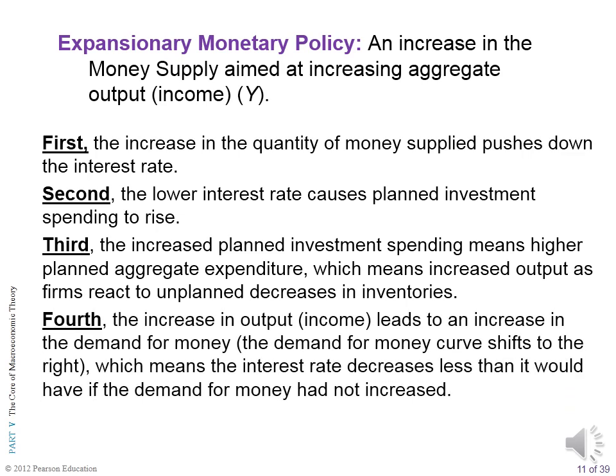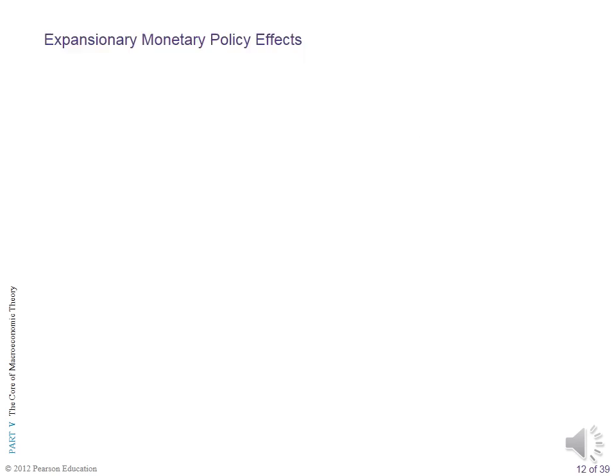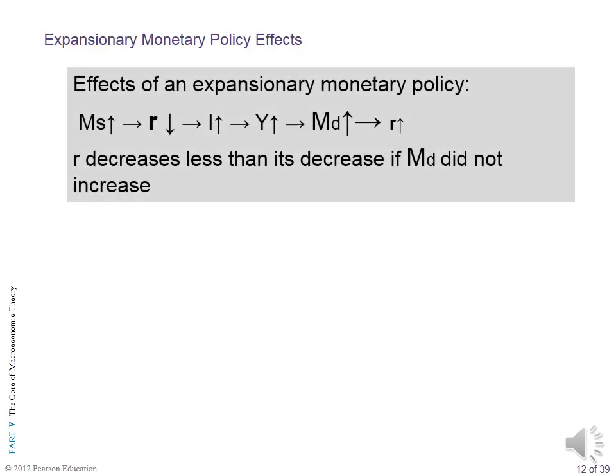Increase in income هيعمل إيه؟ Will increase demand for money, which will increase interest rate and decrease investment again. يبقى an increase in money supply will decrease interest rate. خلاص، ده أول effect كبير. A decrease in interest rate will increase investment, which will increase income, and an increase in income will increase money demand. خلاص، so interest rate will increase.